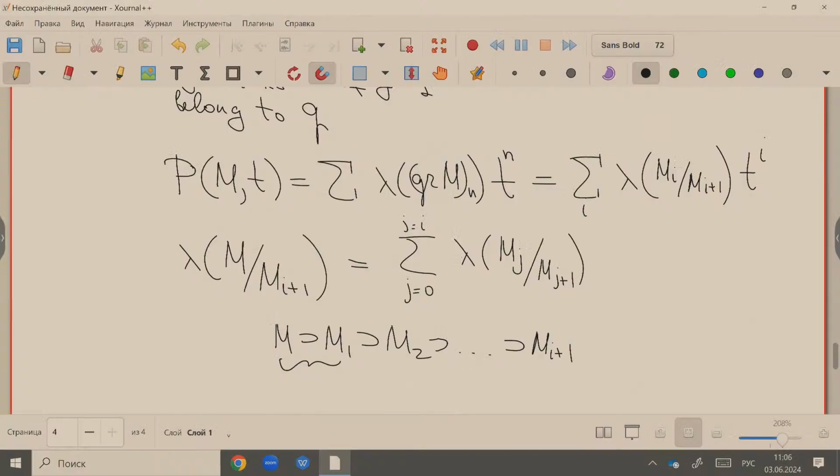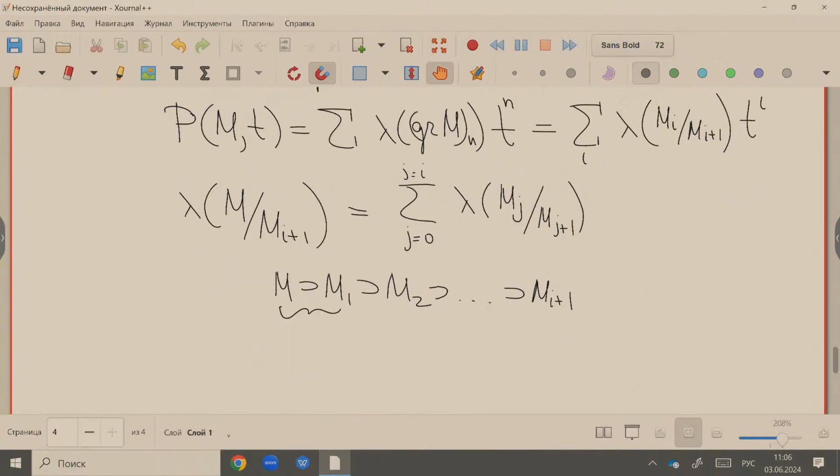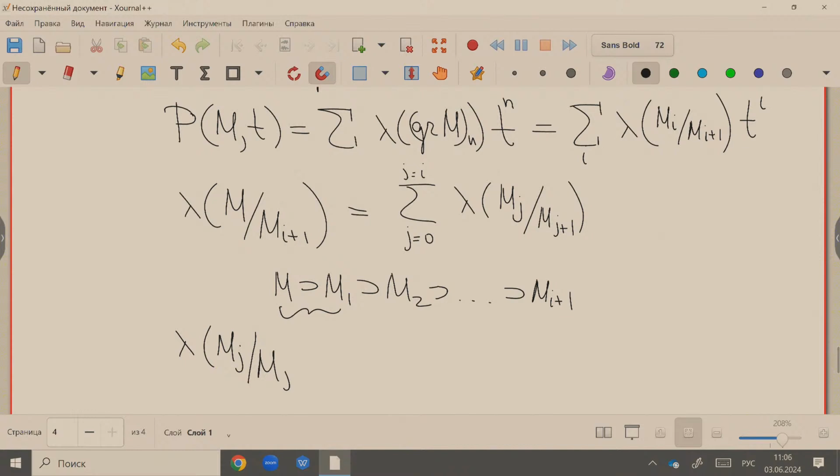But notice that we have obtained on the previous step that lambda of M^j modulo M^(j+1) is a polynomial in j.